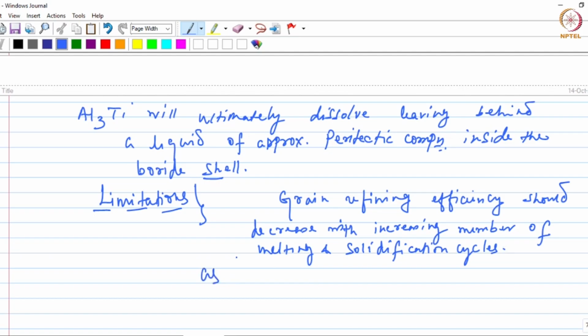As you increase the number of cycles, titanium will diffuse out.